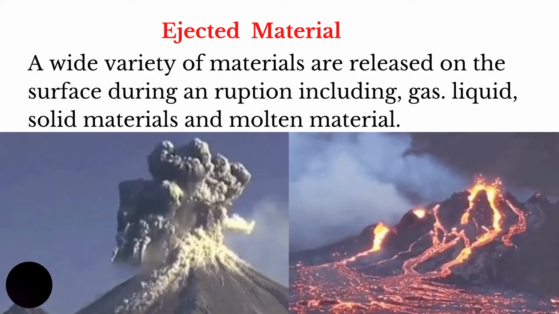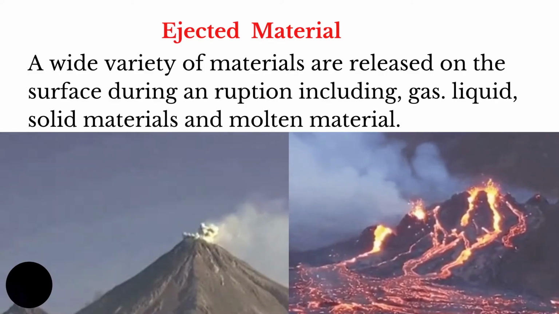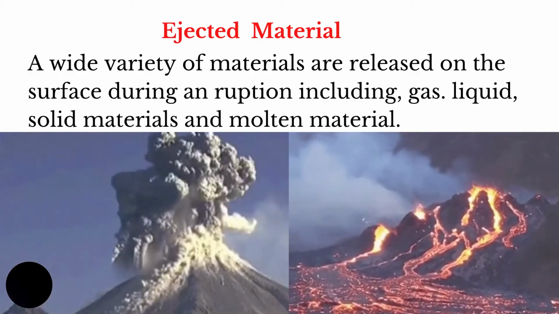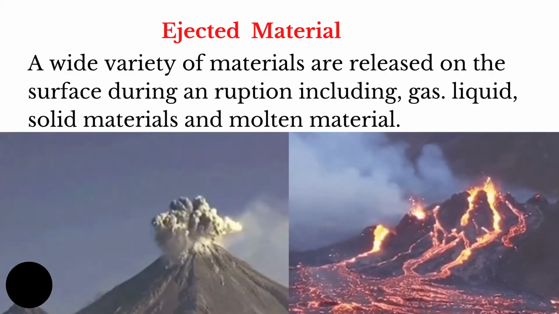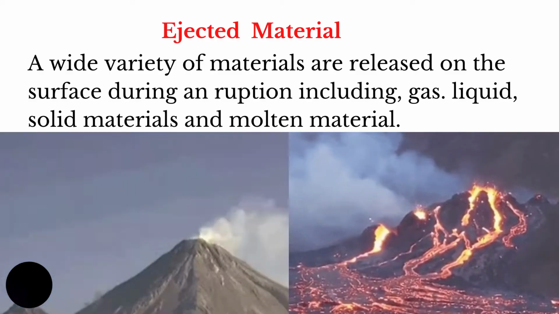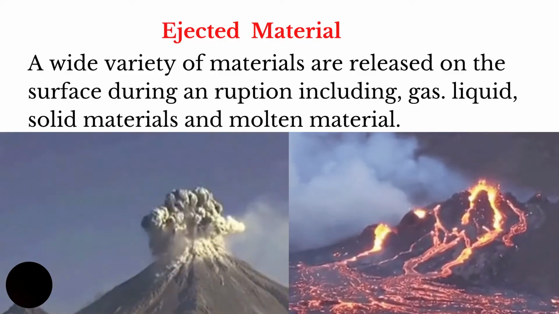Now, a wide variety of materials may be ejected onto the surface, and these materials may be in a number of states. So it may be gas, it may be liquid, it may be solid, or it may be molten material.